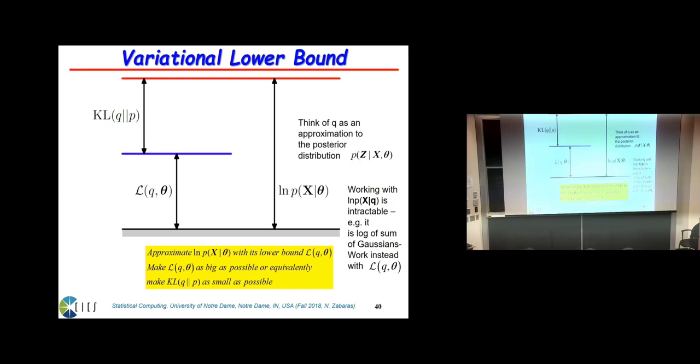We want to make the lower bound as large as possible, and equivalently make the KL distance as small as possible. If the KL distance goes to 0, the lower bound becomes the exact log likelihood, and that's what we need to work with.